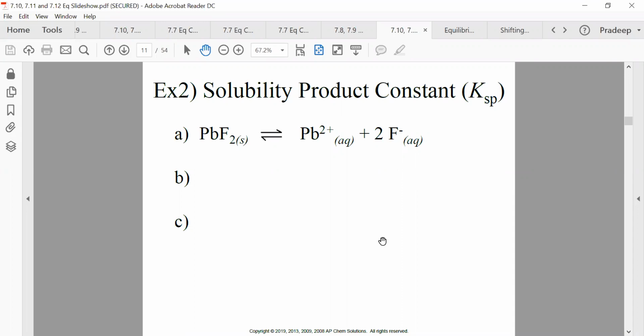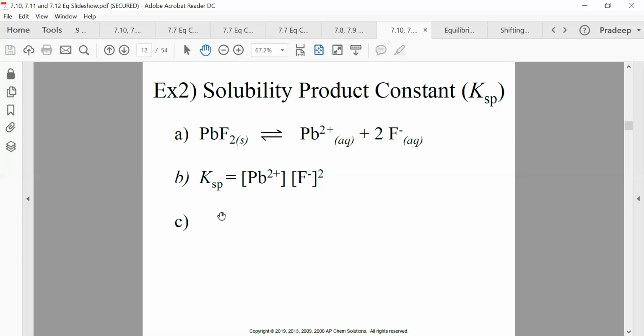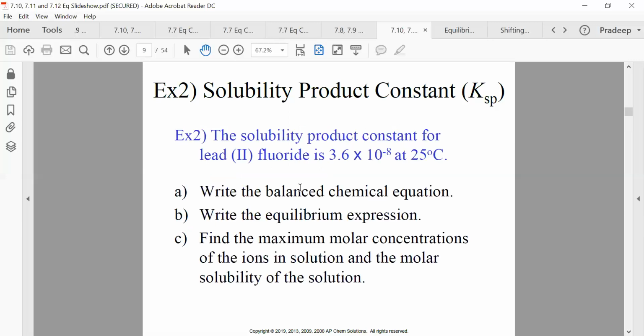All right, so I'm assuming most of you have the answer. So KSP would be the concentration of Pb2 plus times the concentration of fluoride ions to the power of 2, because we have 2F minus here. Got it, everyone?